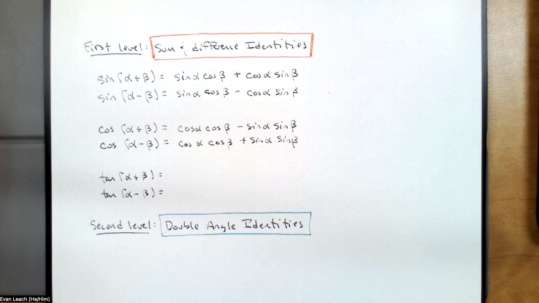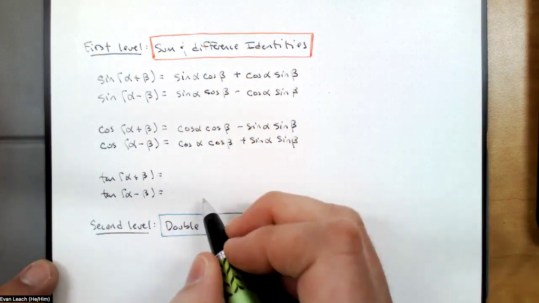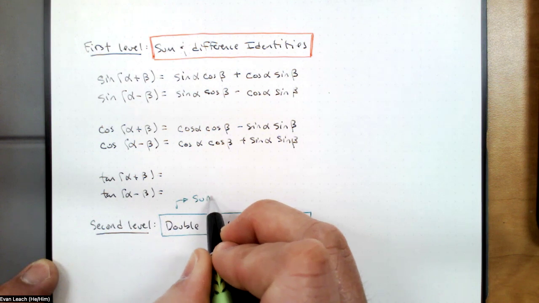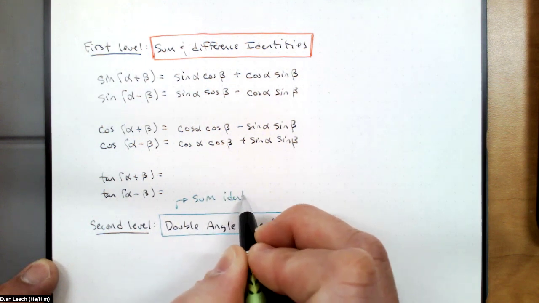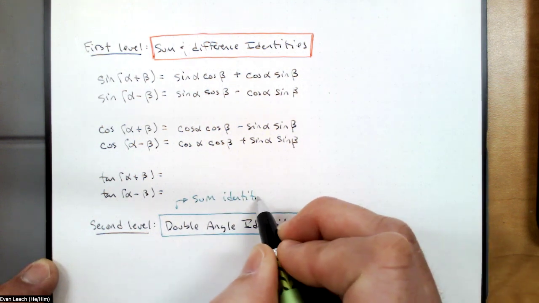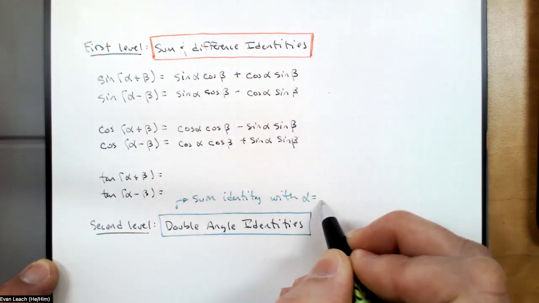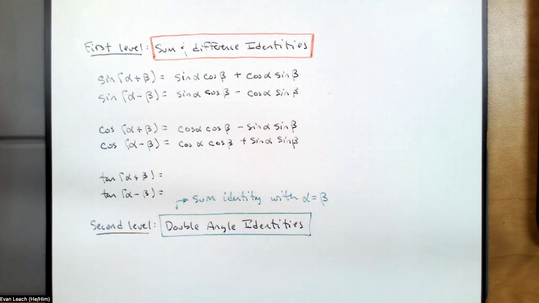The reason that this is the next level after sum and difference identities, a double angle identity is just the sum and difference identities where alpha and beta are the same. Or sum identities, it's the sum identity. A double angle identity is just where alpha is equal to beta.